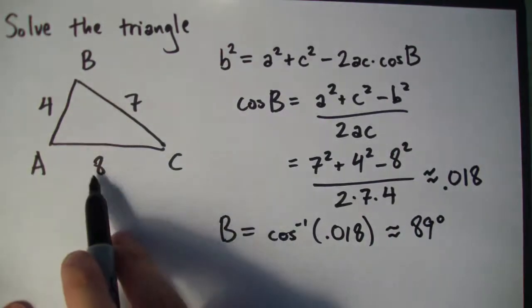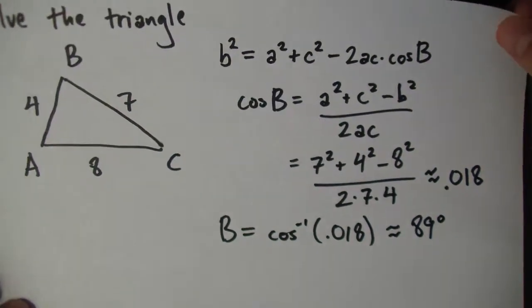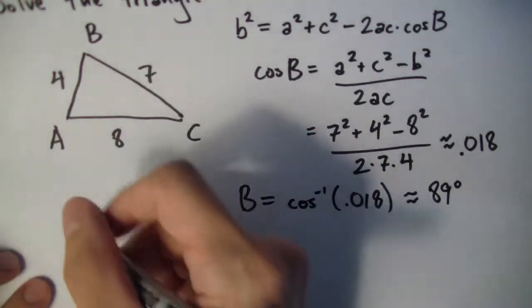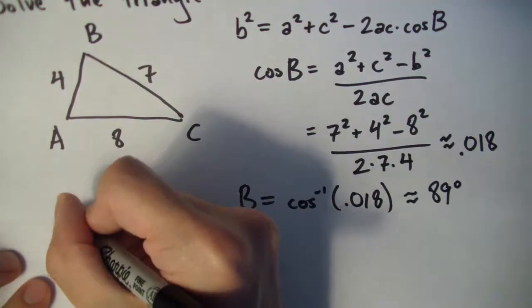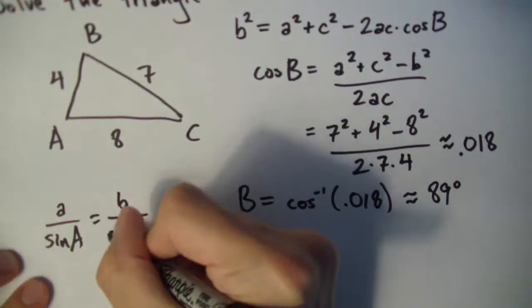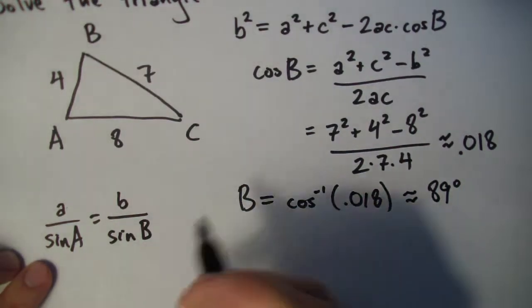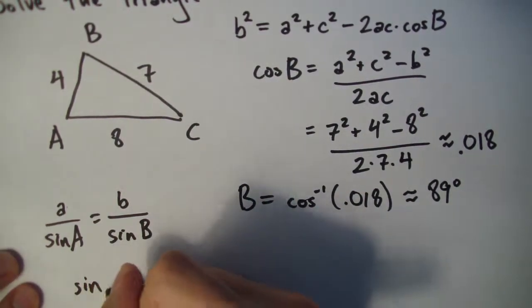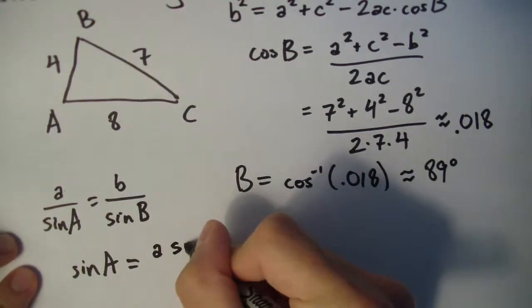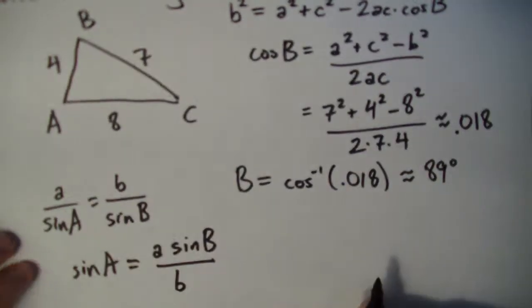Now we have an angle and its opposite side, so we can now proceed using the law of sines to find the other angles. So in particular, let's find angle A now. So the law of sines says that a over sine A is equal to b over sine B. Rearranging this and solving for sine A, we find that sine A is equal to a sine of B over b.